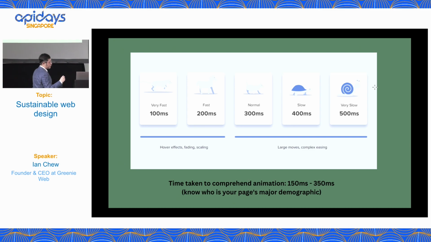So this graph shows you how animation speed is very important when we look at first user experience and also sustainability. Because if you have an animation speed that is too quick, you're wasting data packets for an effect that no one will see. And if it's too slow, people think that there's a problem with your website when there actually isn't.